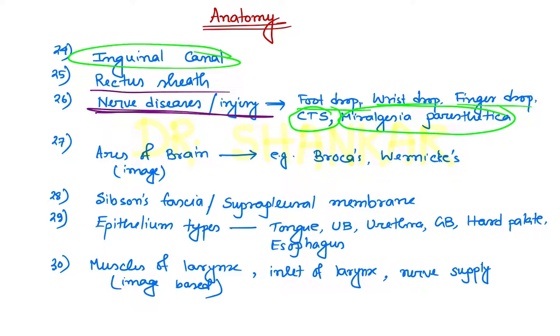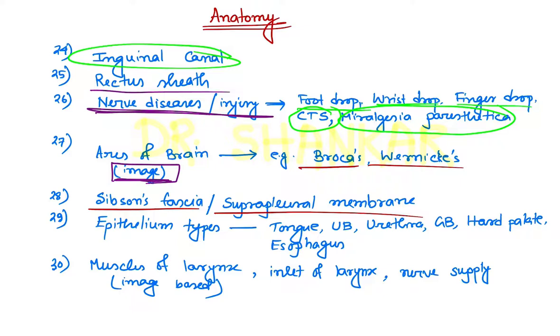Next, areas of the brain are very important. As I told you before, image based questions like Broca's area, Wernicke's area, and their Brodmann's numbers are important. Next, Sibson's fascia, suprapleural membrane, their formation and attachment are important topics.